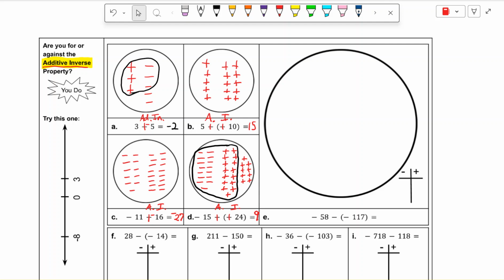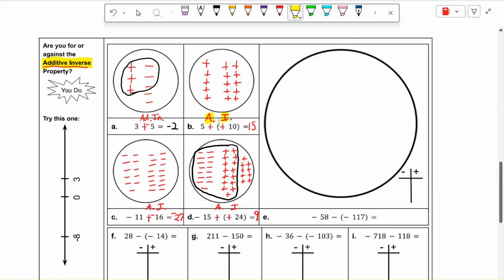All right, we are back. And you can see I finished off B, C, and D. And each time we're getting more and more signs inside those circles. And in fact, on D, I had trouble fitting everything in. So the circles are getting tight. Did you use additive inverse? Well, look at what I did.